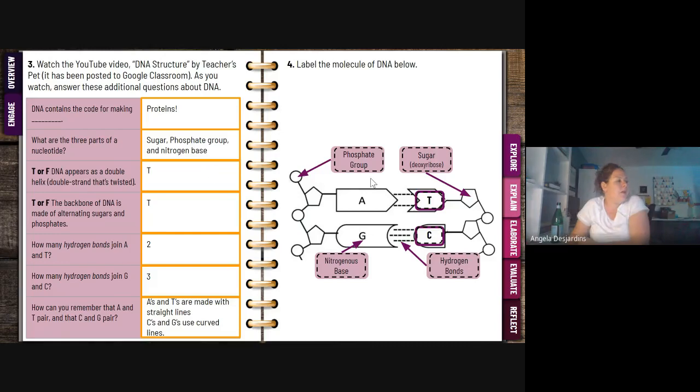Okay. Now, wherever you see these straight lines, those represent what we call covalent bonds. And covalent bonds are one of the stronger ones. They occur when you have two atoms that are going to share some electrons.